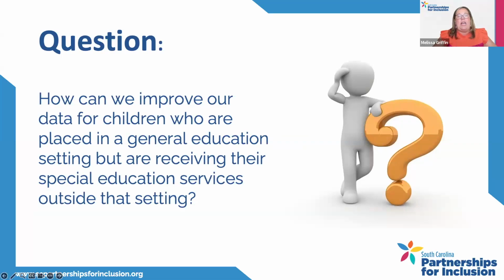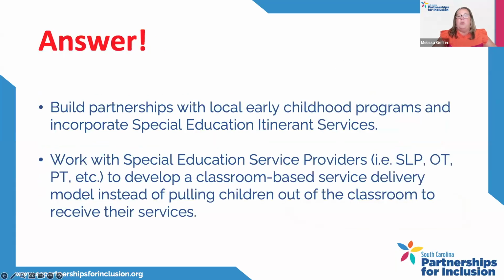How can we improve our data for children who are placed in general education setting but are receiving their special education services outside that setting? And we talked about that as the land of opportunity. So what are some things that we can do? One would be to build some partnerships with your local early childhood programs and incorporate special education itinerant services. And we can teach you more about that and what that looks like.